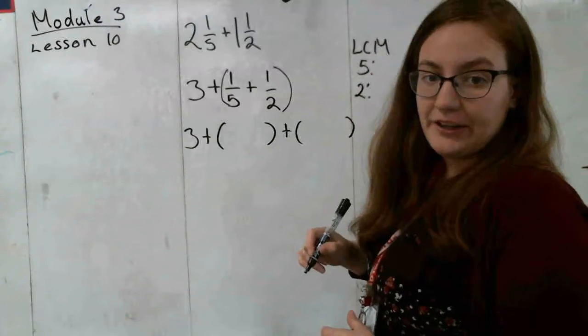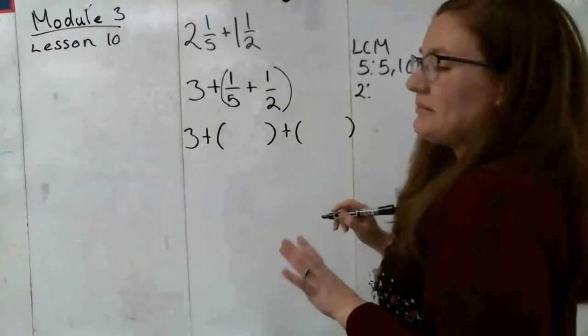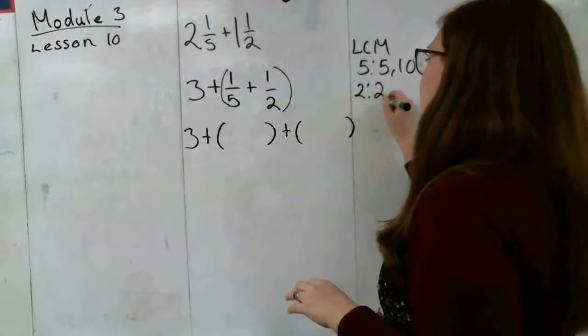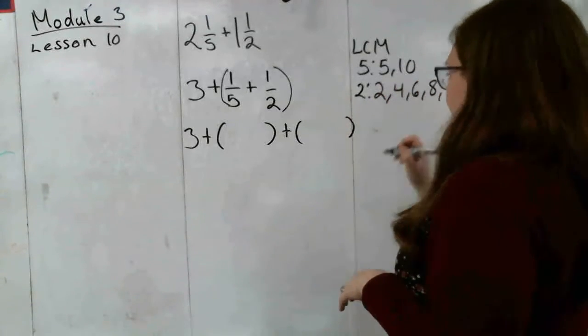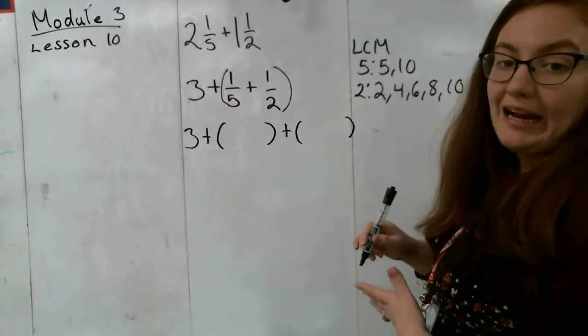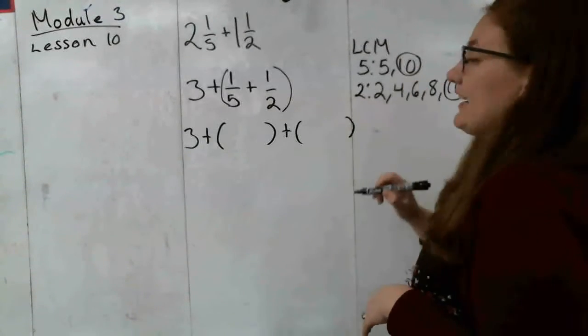I'm going to start with the bigger number and count by 5s: 5, 10. I'm going to stop right there because I'm going to count by 2s: 2, 4, 6, 8, 10. I see that the smallest matching number between these two rows is this 10 right here.